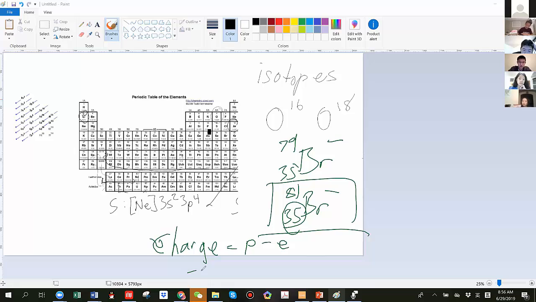So we have the charge of -1 equals 35 protons minus how many electrons? Okay, so we have 36 electrons. Does that make sense?